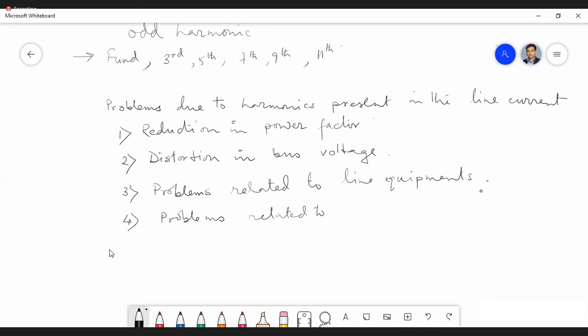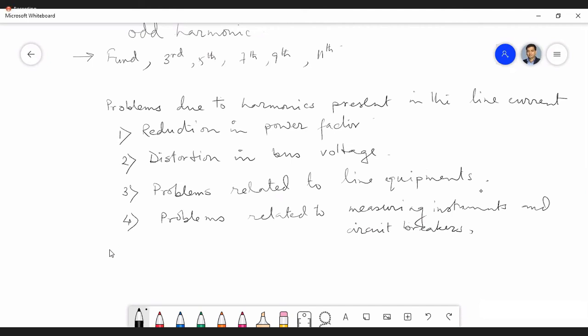So problems related to measuring instruments and circuit breakers. Okay, so these are the major categories, but there are subcategories obviously, mainly in point 3 and 4. So that I will discuss in the next class.